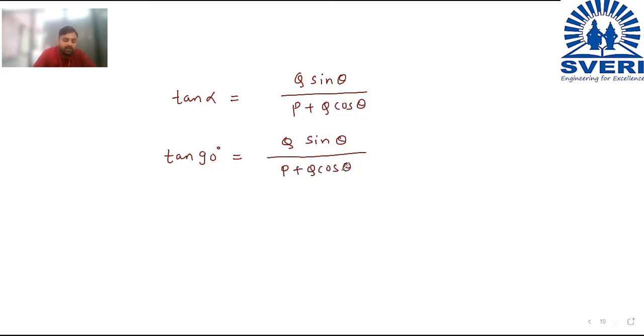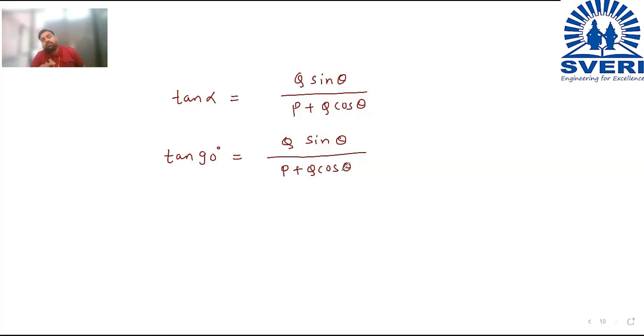Do it on the calculator and let me know what the calculator shows. What does the calculator say when you do tan 90? Infinity? My calculator shows a math error. If you try to calculate tan of 90 degrees, it shows a math error.